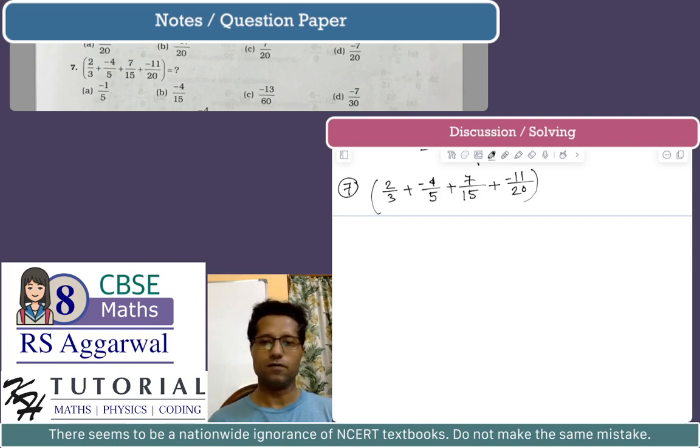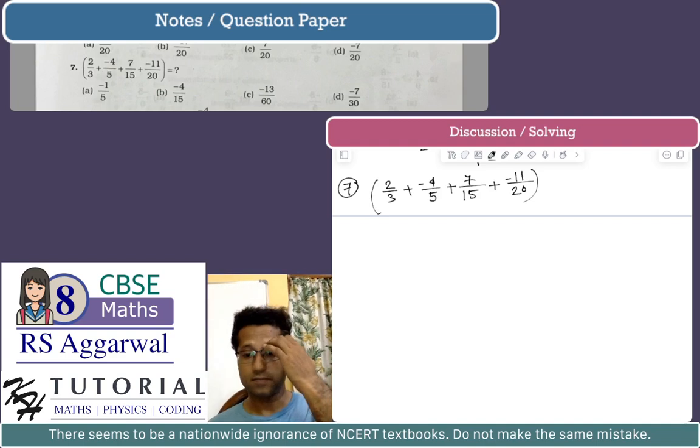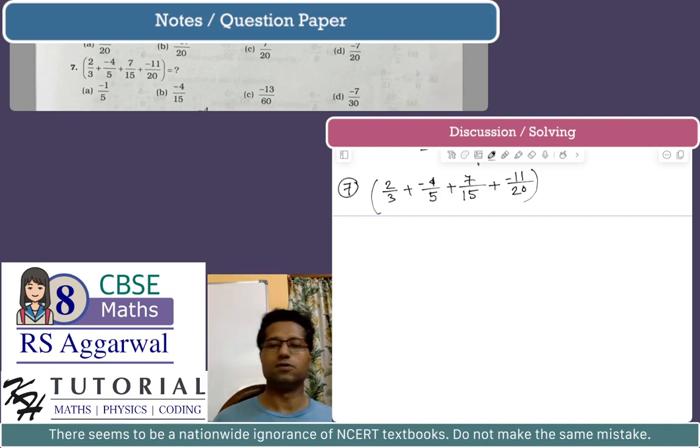When we have to solve this kind of problem, we have to simplify or evaluate the addition of multiple rational numbers. We group together all those rational numbers where the HCF of the denominators is not equal to 1. So clearly we cannot group 3 and 5, because the common divisor of 3 and 5 is 1.